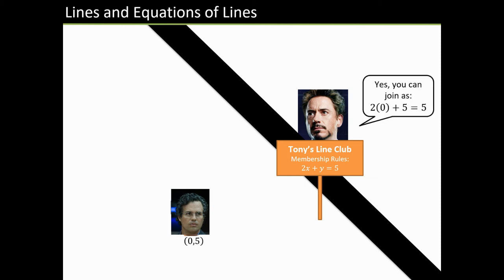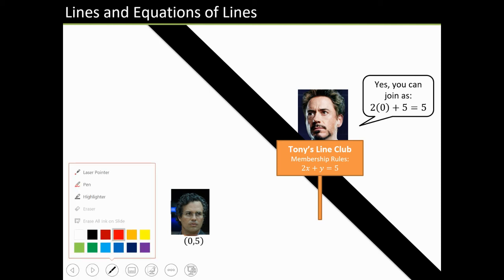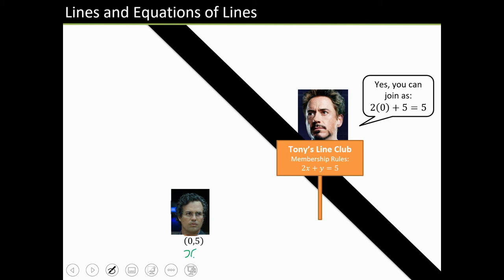Well, let's see. Remember, anytime you get a point, it has an x coordinate and a y coordinate, okay? So 2x means 2 times x. My x here is 0, and that's my y. So my x is 0, and my y is 5.